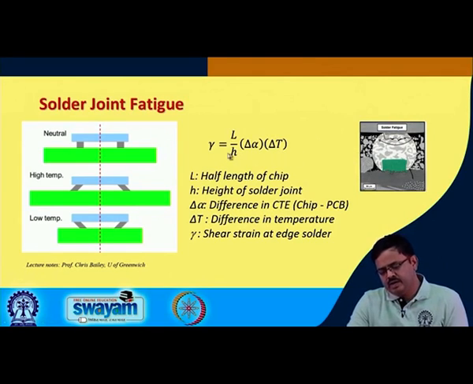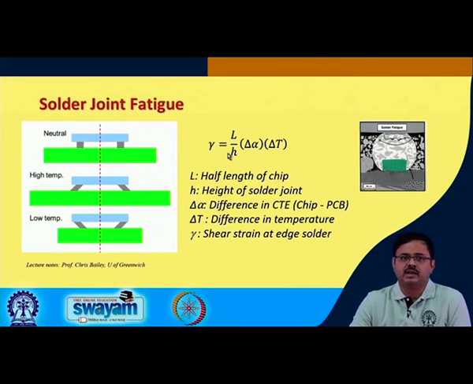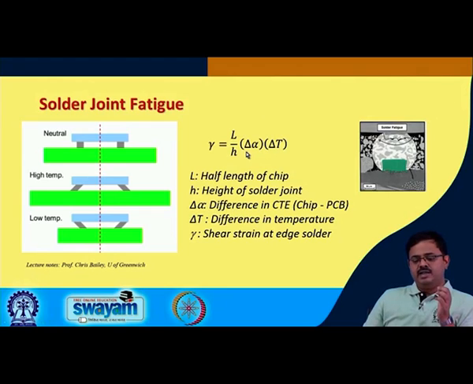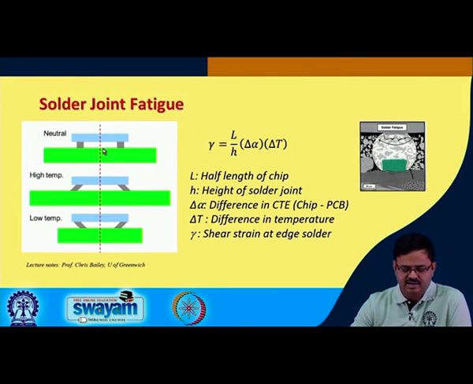Now, if you look at the strain on the solder, what will it be? It is going to be L over H if the solder height is H and L is the distance, in this case the distance of the solder joint that is farthest away from what is called the neutral plane.